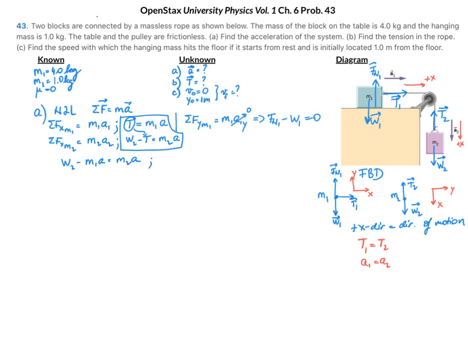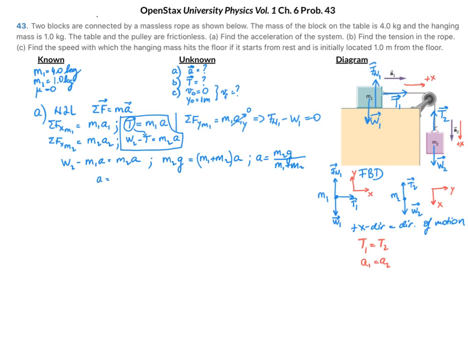I know that weight is mass times G, so W2 is M2 times G. And if I add M1A to both sides, I end up with M1 plus M2. I'm also factoring out A, so I get this expression. What I'm looking for is A, so A will be M2G divided by M1 plus M2.